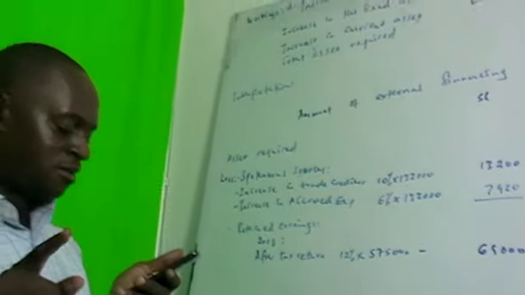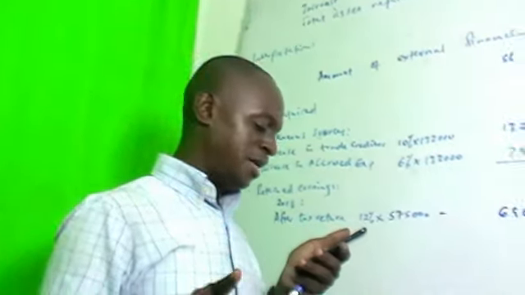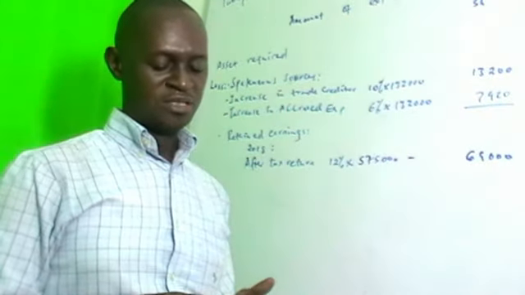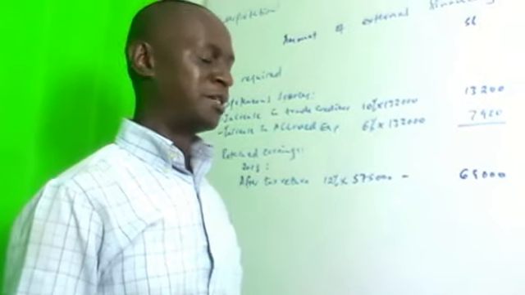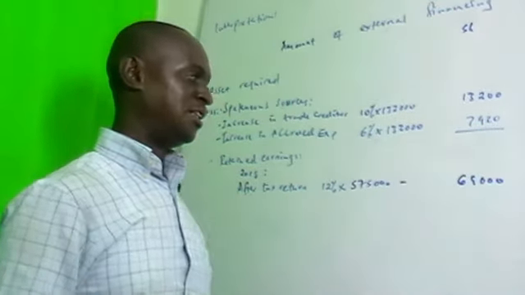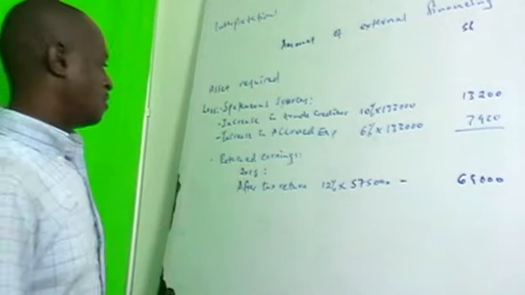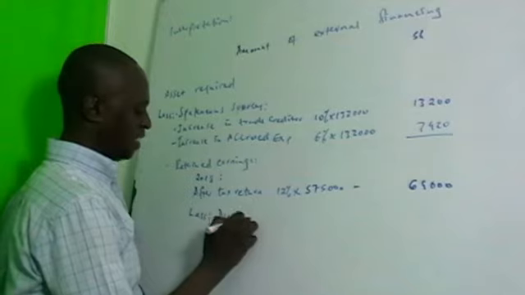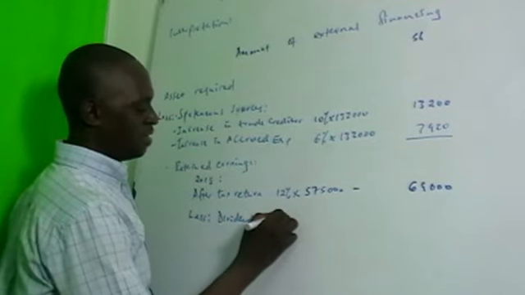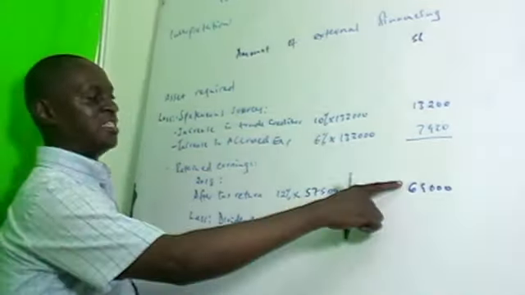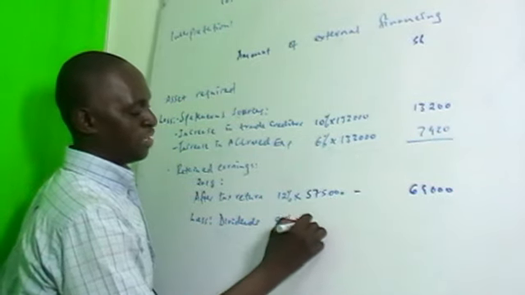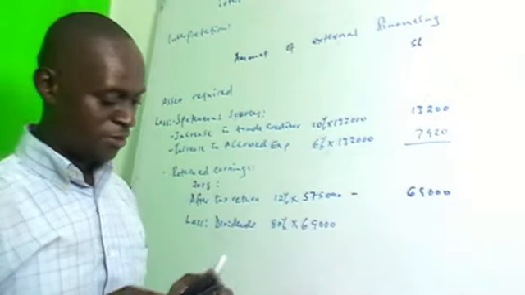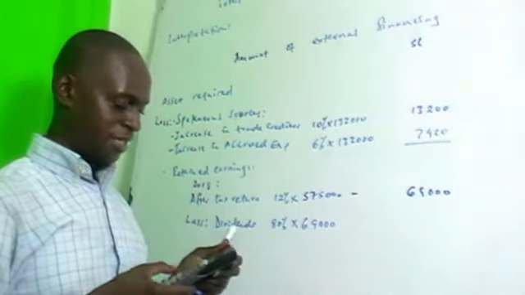Now we go to number 3. In number 3, we are told that the company's dividend payout ratio is 80%. So it means that this company has not adopted a 100% payout ratio, but it has adopted 80%. So we say here, less dividends. Dividends are paid at 80%, so it is 80% of 69,000, times 0.8.